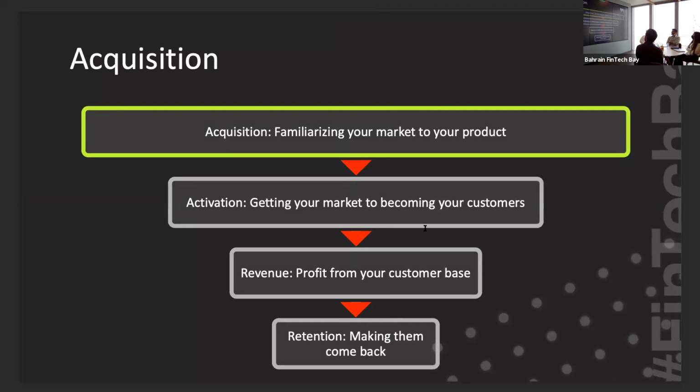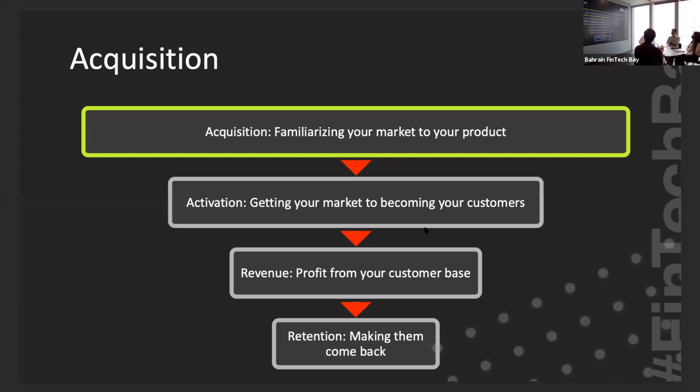The first stage is acquisition, which means familiarizing your markets with your product. What it basically means is just that people know that you exist in the world. They're not your customers, they don't use you yet. It just means that they know who you are. You guys all know who Nike is, but maybe not everybody has purchased something from them, just as an example.